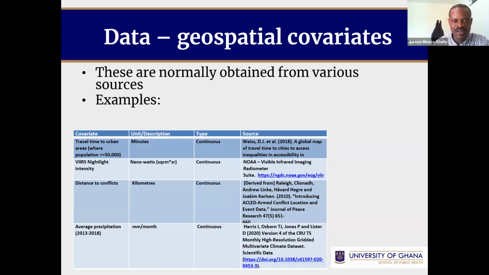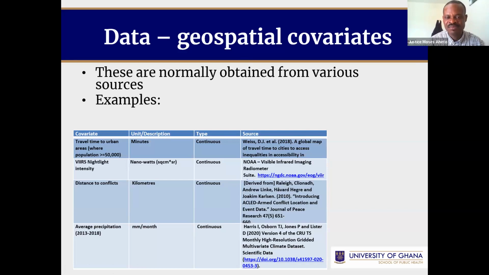Like if you want to go into modeling, you don't just model the count or the observed outcome. You want to also use some variables to explain those outcomes. Like if you are getting some outcomes, you might want to ask yourself, what variables might explain some of these outcomes that you are observing in your study.